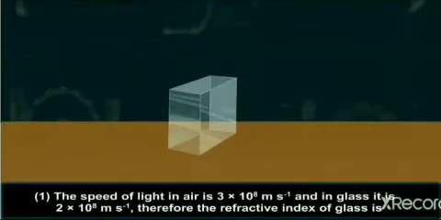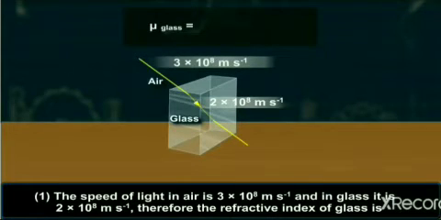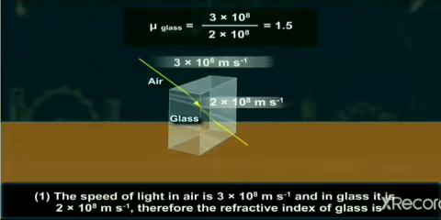Examples. 1. The speed of light in air is 3 × 10^8 meter per second, and in glass it is 2 × 10^8 meter per second. Therefore, the refractive index of glass is 3 × 10^8 upon 2 × 10^8, which equals 1.5. 2.